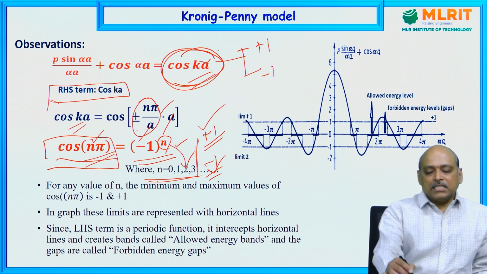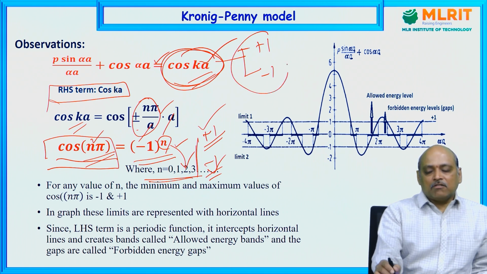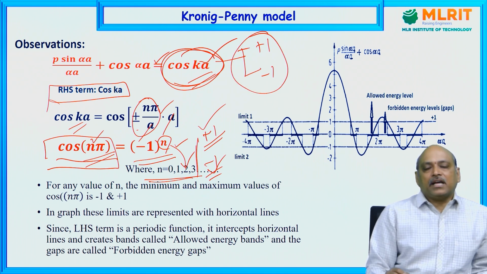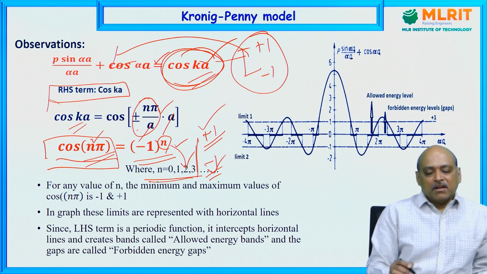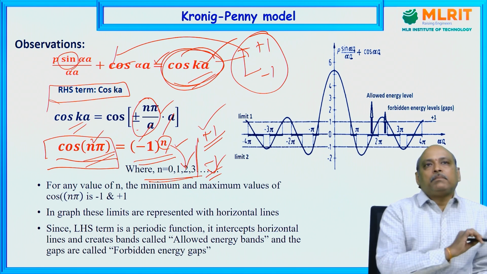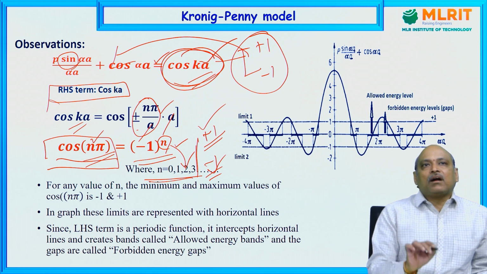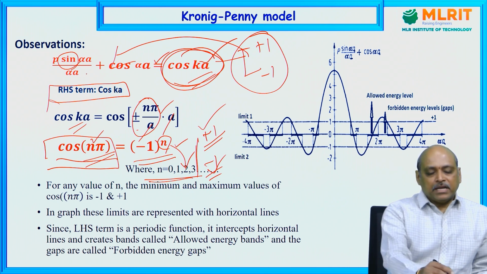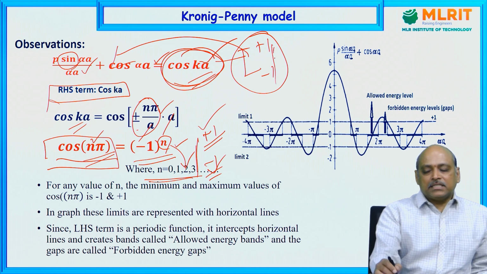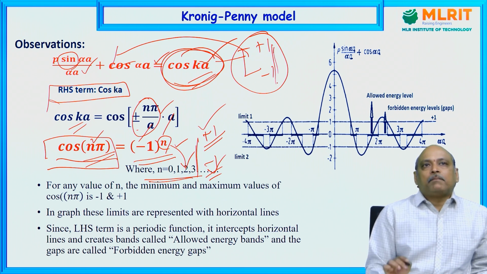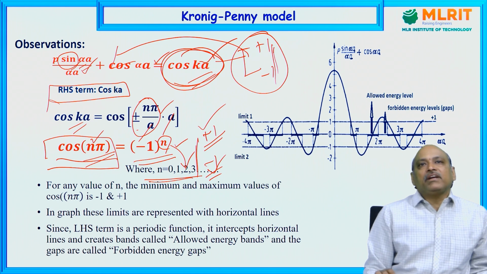Now if RHS is equal to LHS, whatever limits the RHS values have should also be applicable to the LHS term, in which the periodic function sine or cos is there. That's why let me plot a graph of this periodic function and represent these limits in that periodic function, by taking on the x-axis the energy of that moving electron.